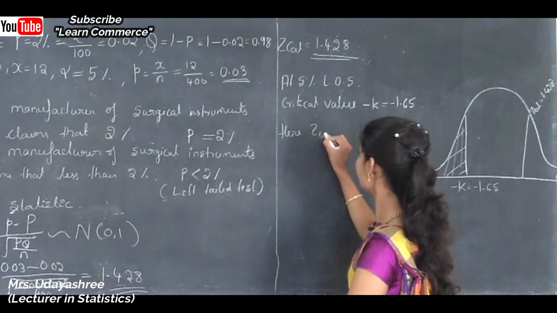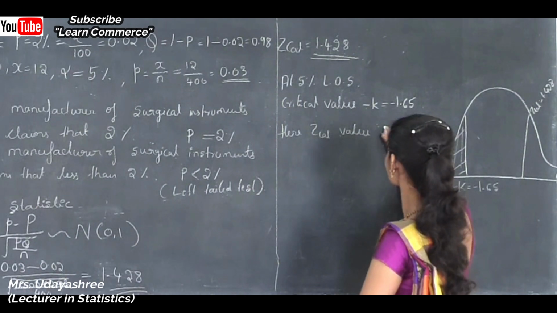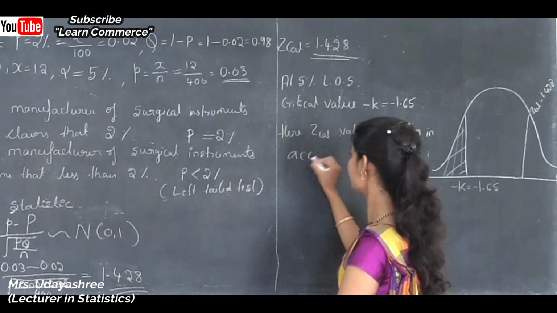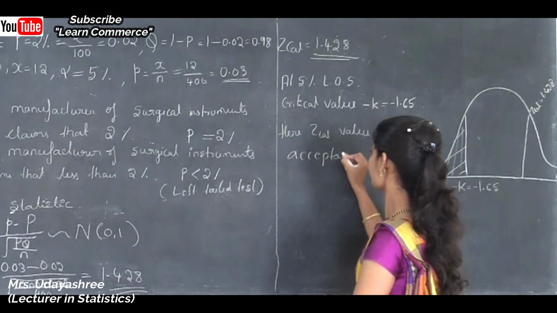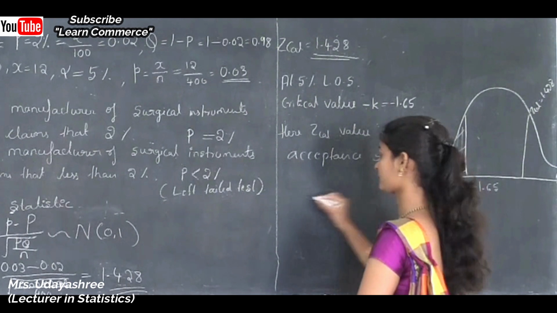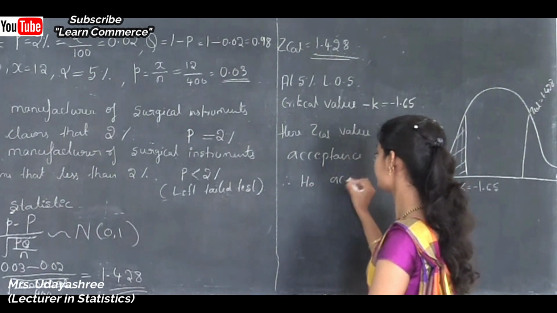Here calculated value lies in acceptance region, therefore H naught is accepted.